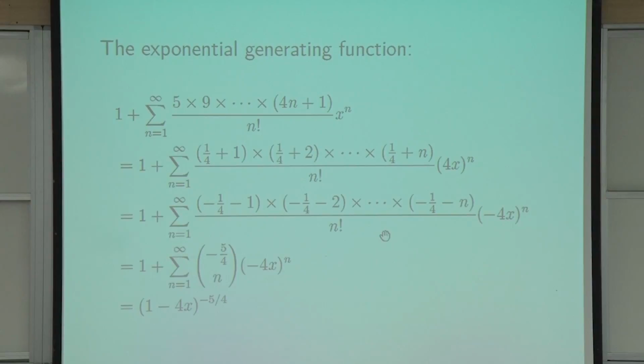It's a similar question to what we discussed in class. This is equal to negative 5 over 4 choose n, and here we have negative 4 x to the power n. So this is the generating function, 1 minus 4x to the power negative 5 over 4.